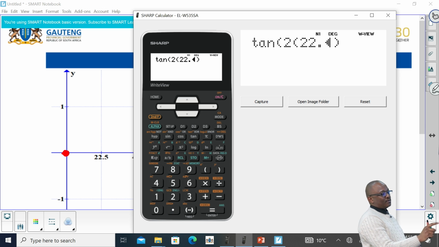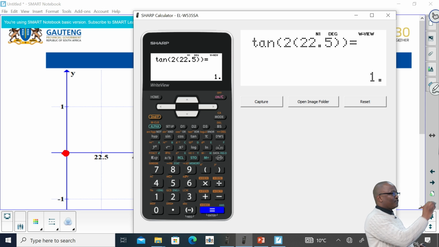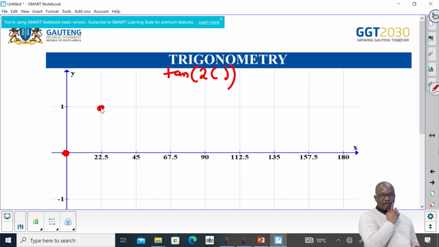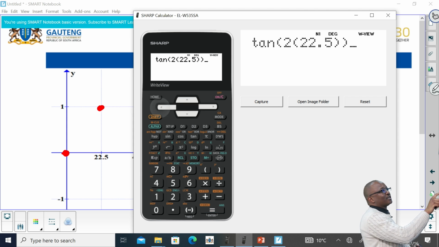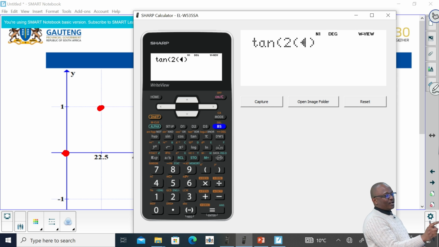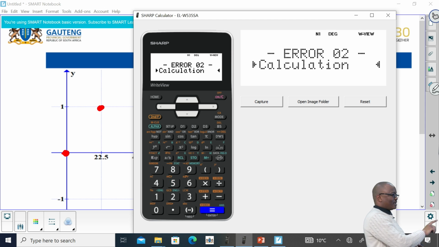Then it's going to give you 1. Correct. So now, let's see if we put 45 in this case. If we say tan 45, what are we getting? Tan 45, we're going to get maths error.